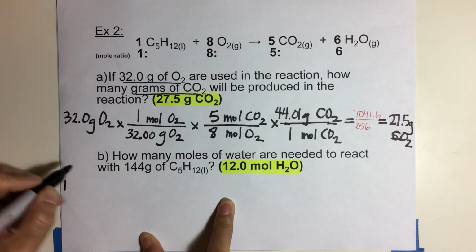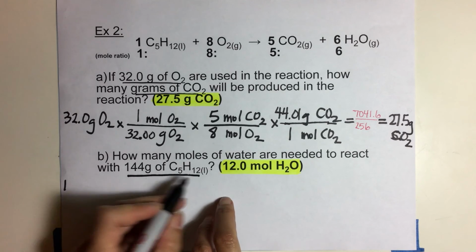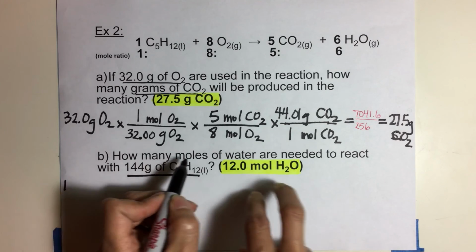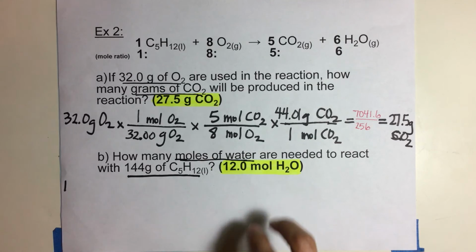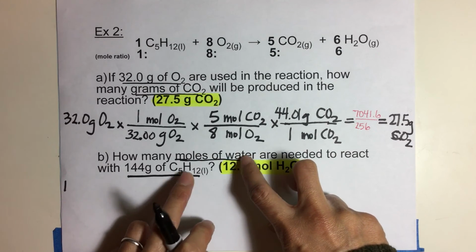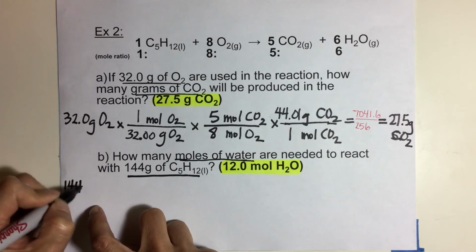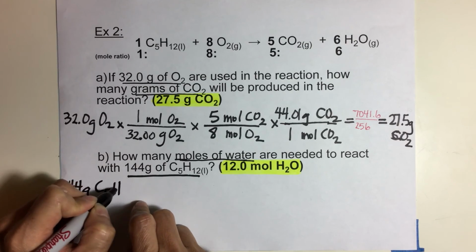So the next problem, you're given this substance, which is called pentane, and you want to convert it to moles of water. So focus on the units, moles of water, okay? So notice how it's two different substances, which means we're going to have to do a mole ratio. To do a mole ratio means to convert my beginning units into mole units if it's in grams, like it is now.